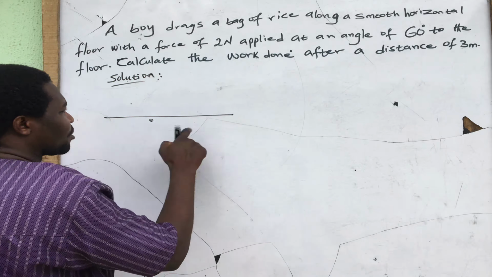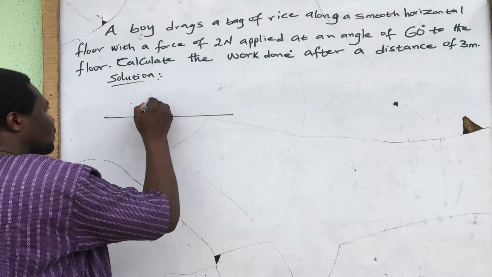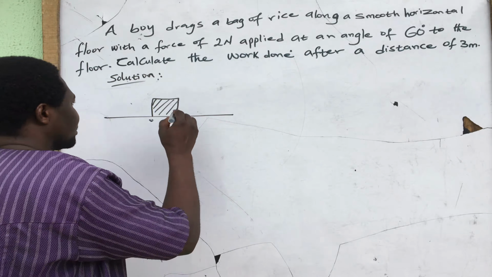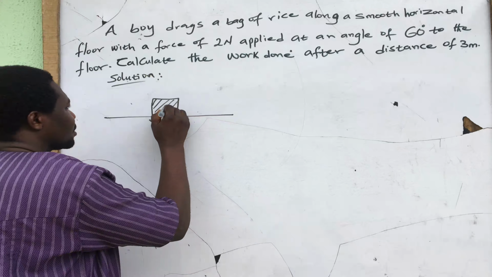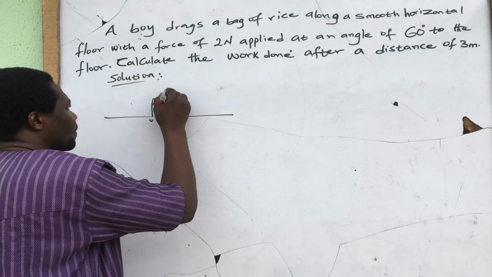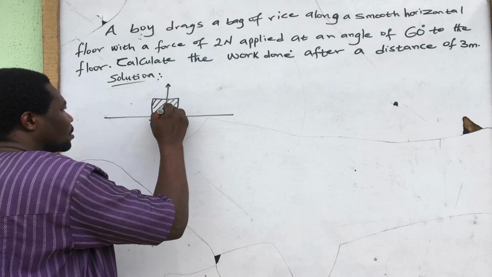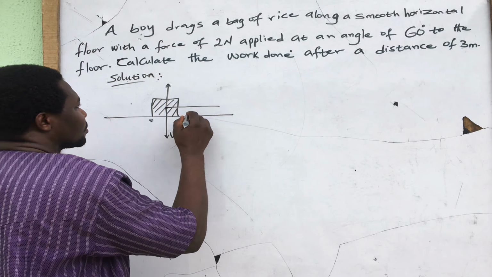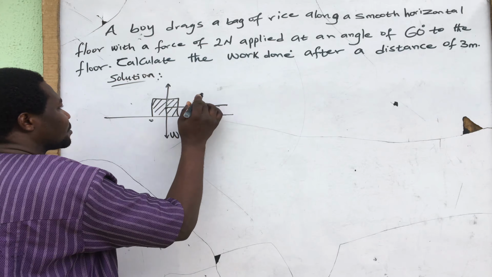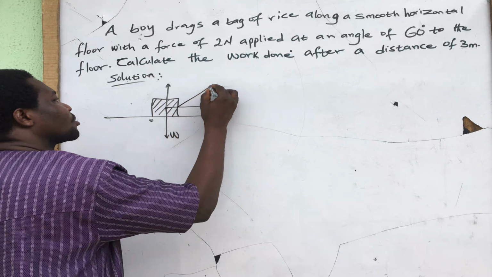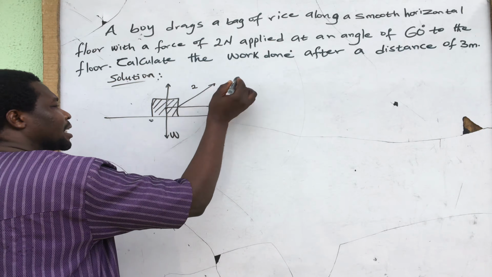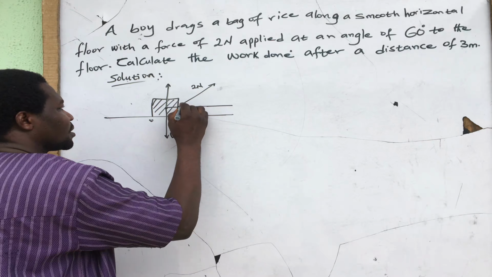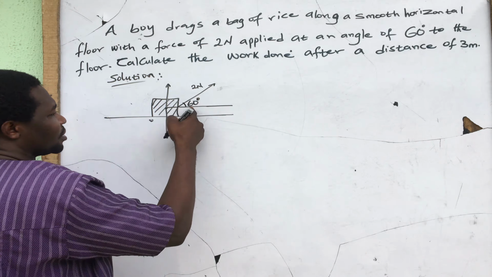That is the horizontal floor. This is the bag of rice. Look at it very well. We have the weight, then we have the horizontal force. The force is applied at an angle of 60 degrees to the horizontal.